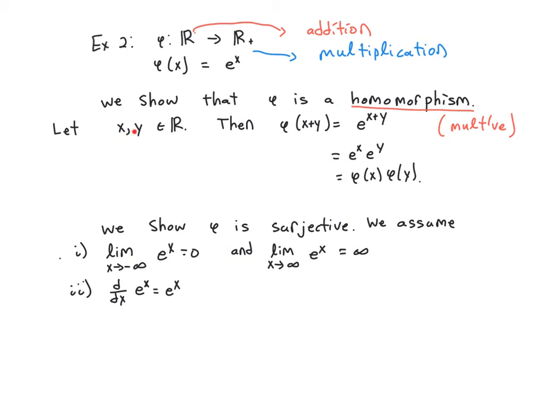Well, you take two elements x and y in your domain group, R, and you want to show phi of x times y is equal to phi of x times phi of y. In this case, our domain is a group with respect to addition, so when I said times, I really mean plus. So what is phi of x plus y? Well, it's e to the x plus y. By properties of exponents, e to the x plus y is e to the x times e to the y. So the homomorphism part is simple enough.